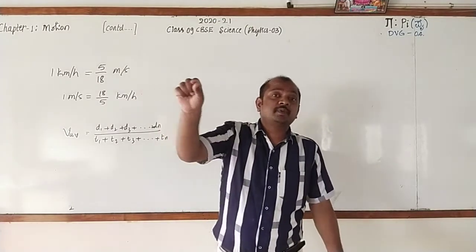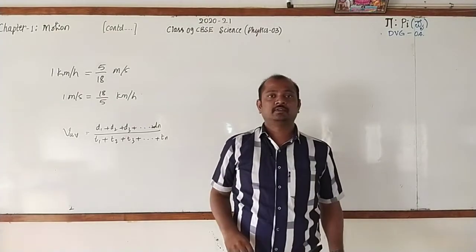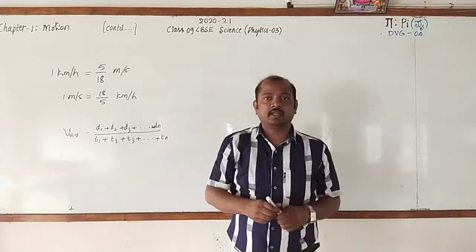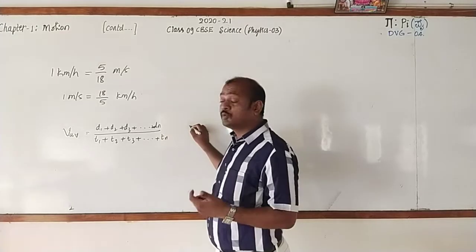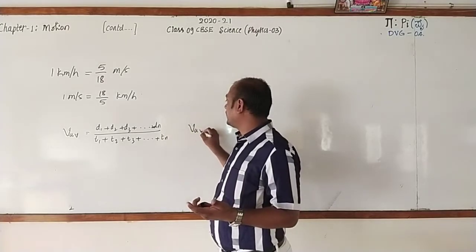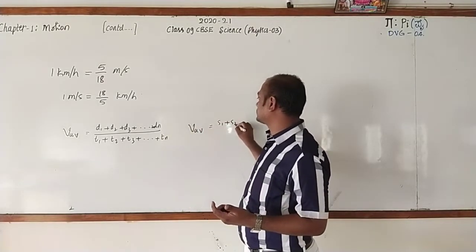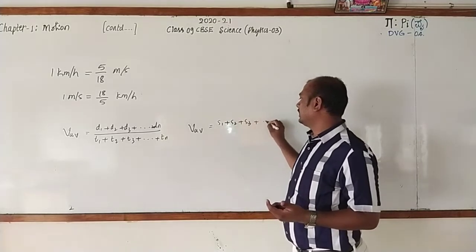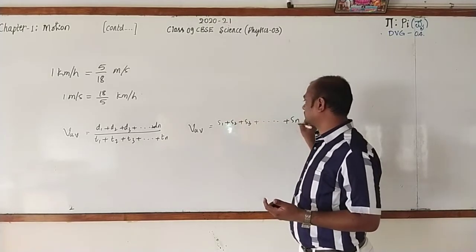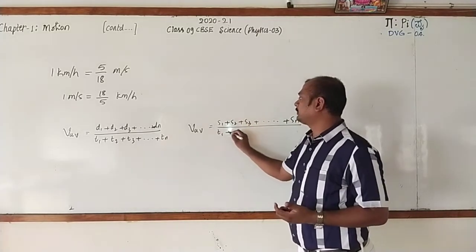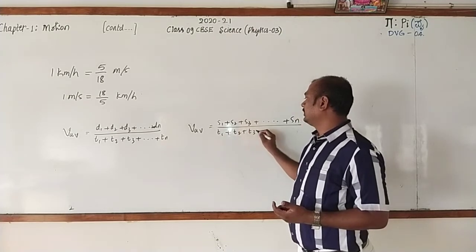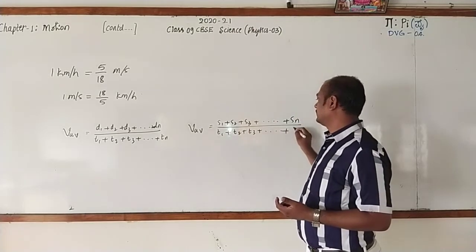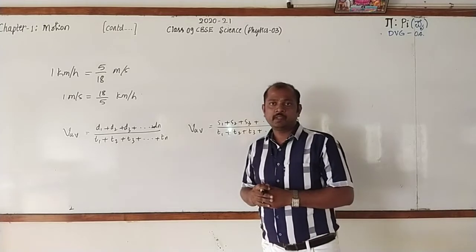But if the displacement is different in equal intervals of time, under such a condition you will take average velocity as s1 plus s2 plus s3 plus so on plus sn divided by t1 plus t2 plus t3 plus so on plus tn.